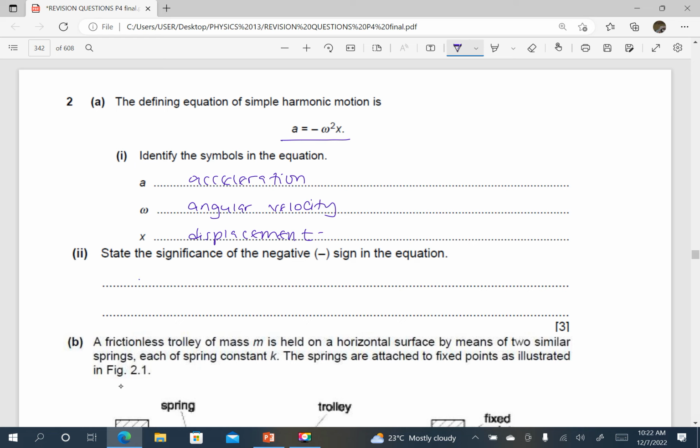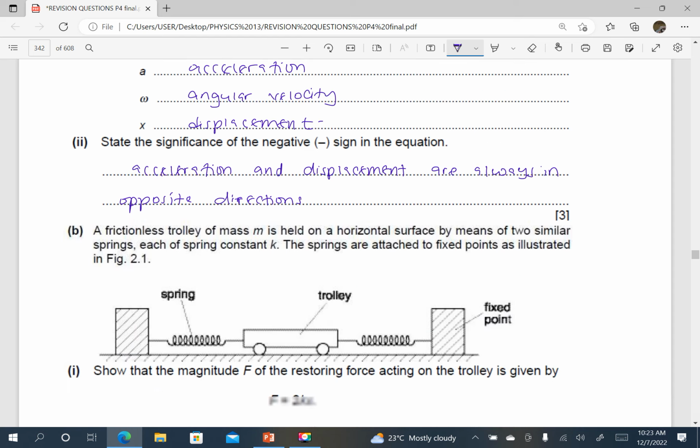So acceleration and displacement are always in opposite directions.